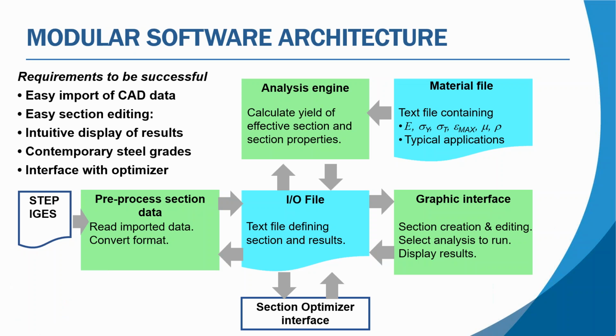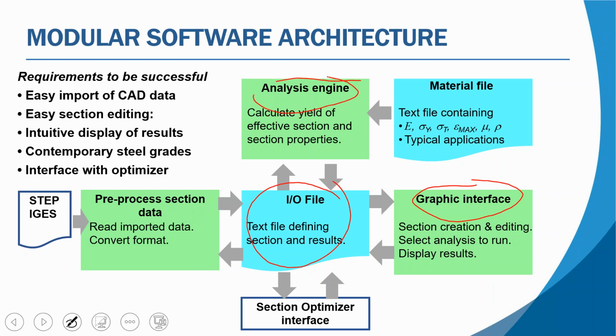This is showing that we have a file system that interfaces with the graphic interface that you look at, with the analysis engine doing the calculations with the material file, and that IO can interface with the computer data.